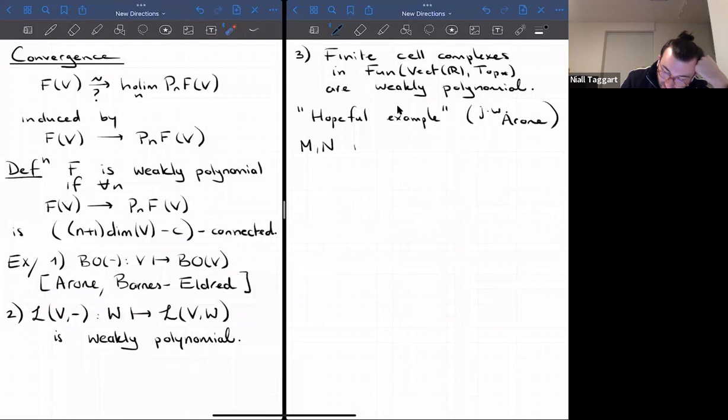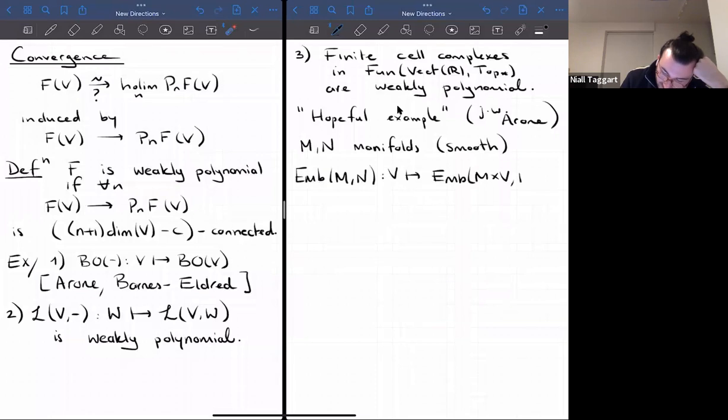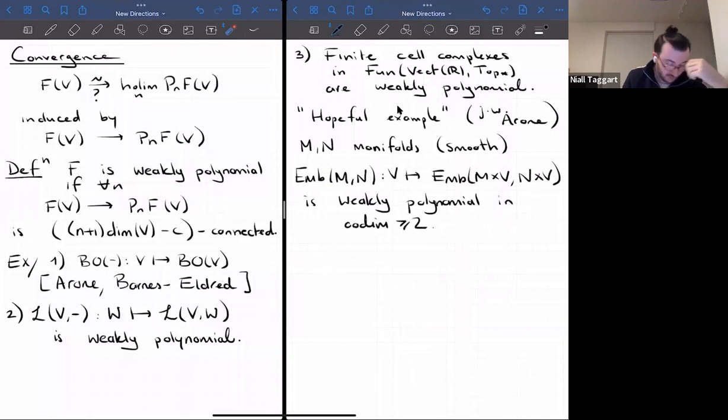But if M and N are some manifolds, that probably means smooth, then you have a functor that sends a vector space to embeddings of M cross that vector space into N cross that vector space. And this should be weakly polynomial in, I guess, codimension probably at least 2.